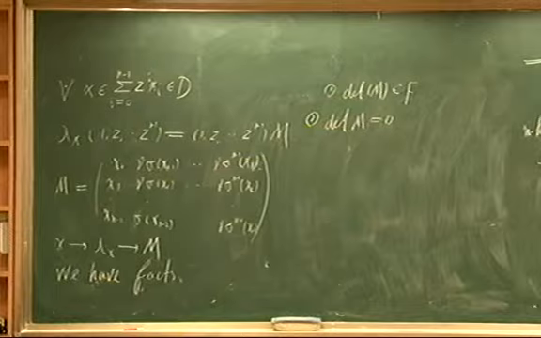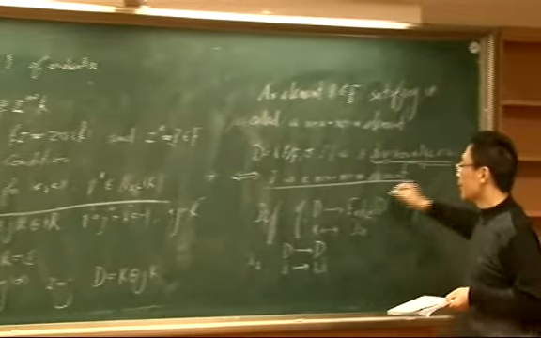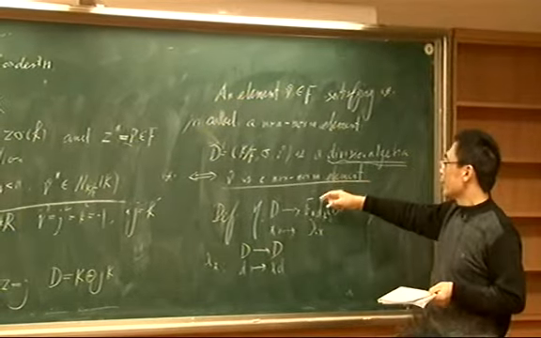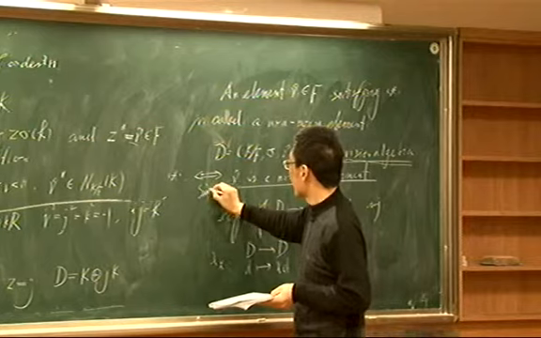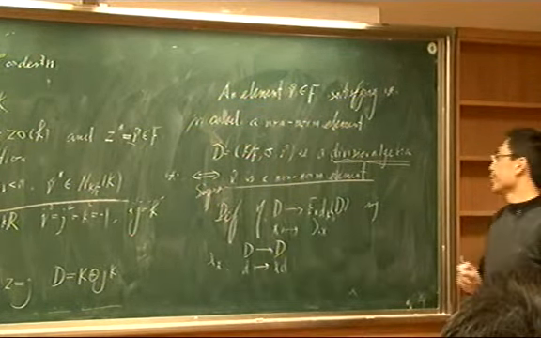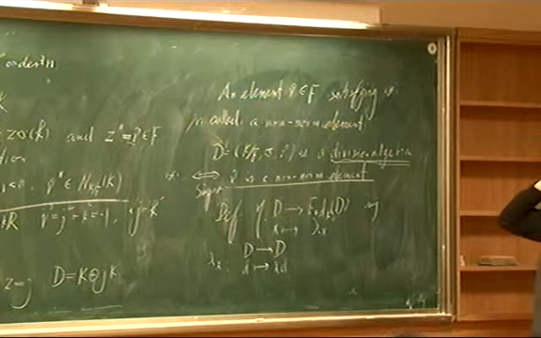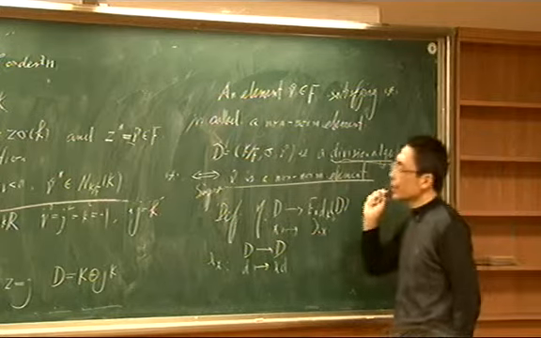I think I say this is a division algebra. Now we always suppose this gamma is a normal element. That is, we want to say this is a division algebra.